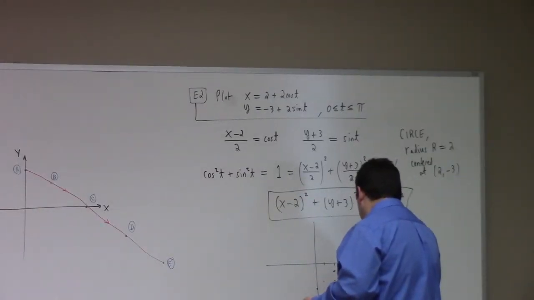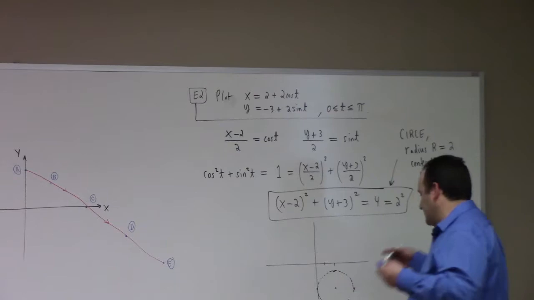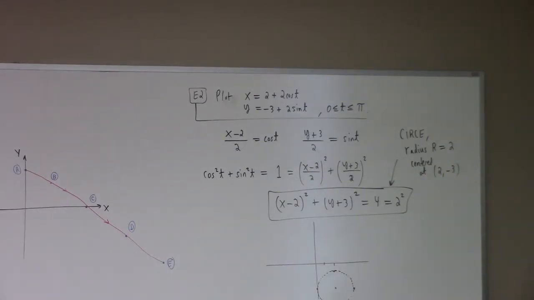I'll try to draw it dotted. So the badly drawn dotted circle here would be the complete solution set to the boxed equation. All of those points are solutions to that equation.